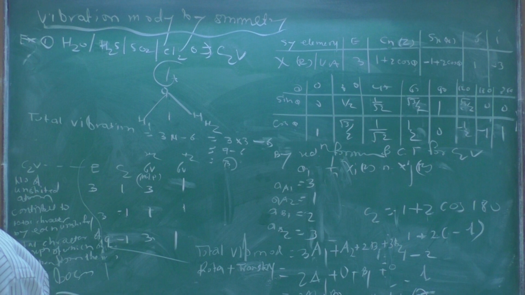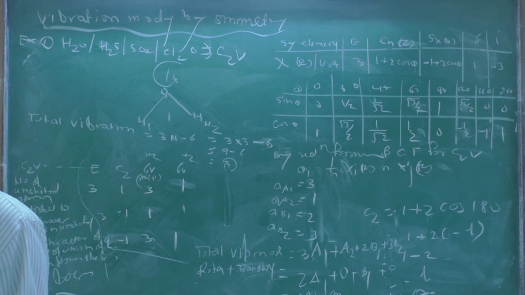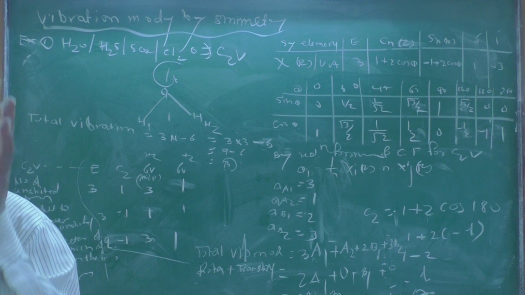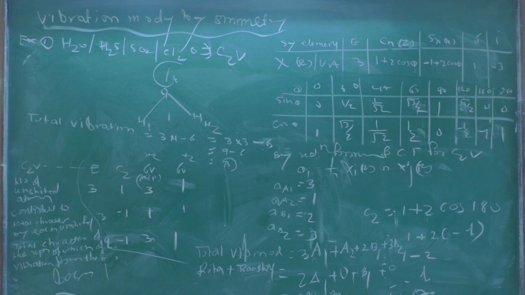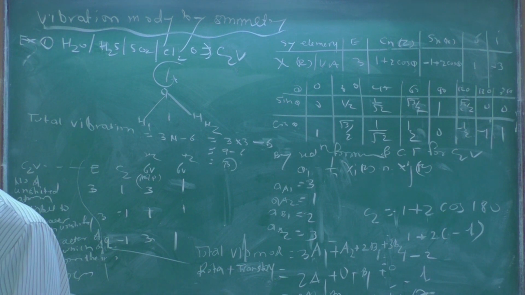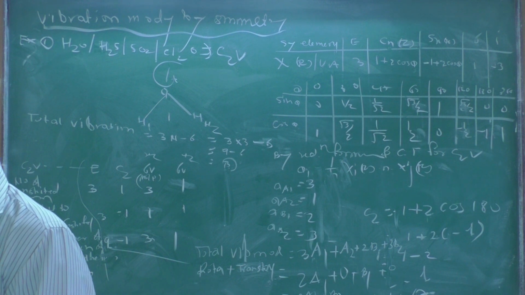So it is a logic, a concept by which we can find out the total vibration modes. Why do we subtract the rotation and translation from the irreducible representation? By using the character table, area number third, we have Rx, Ry, Rz.